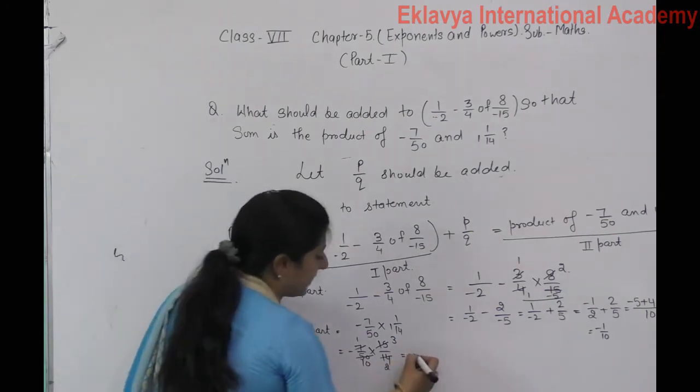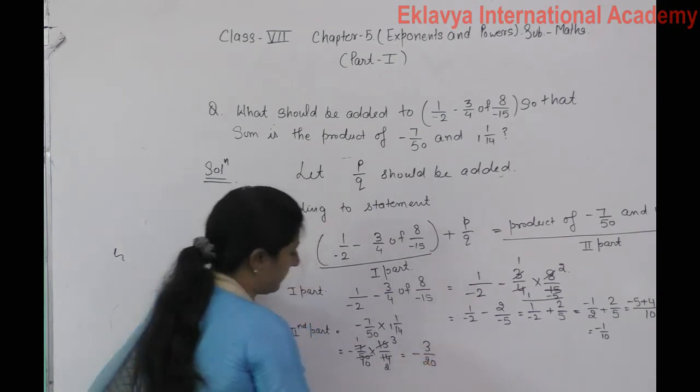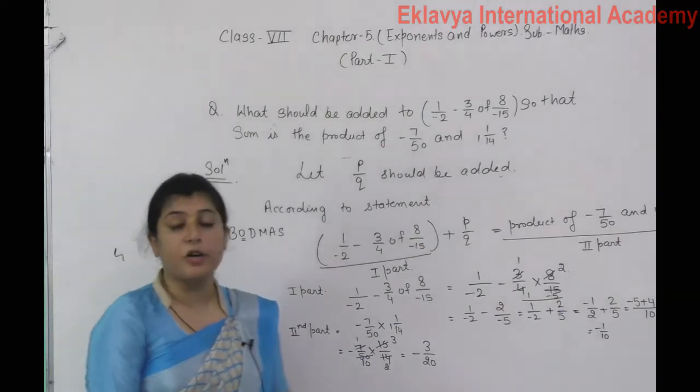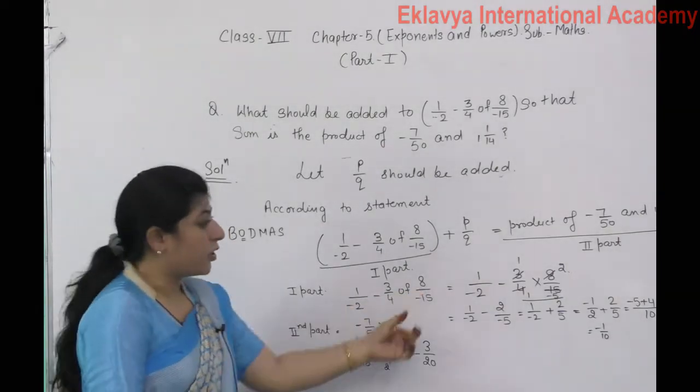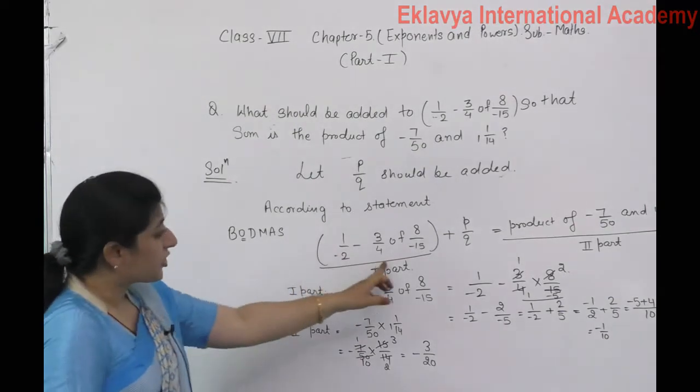Here minus sign, 1 into 1, 1, 50 into 2, 100. Both part values we have. Now put in this equation. What should be added to this?